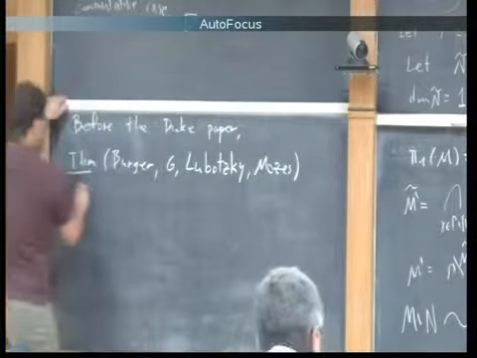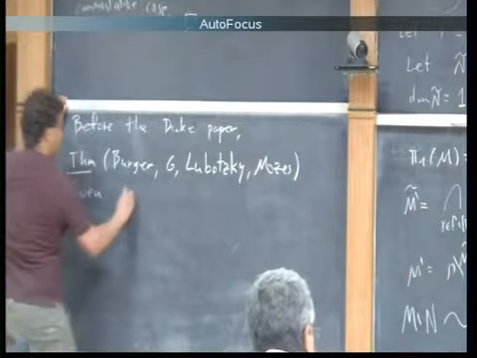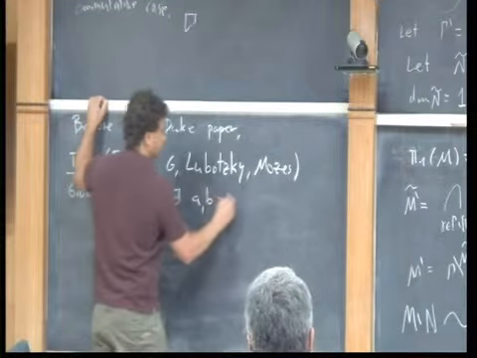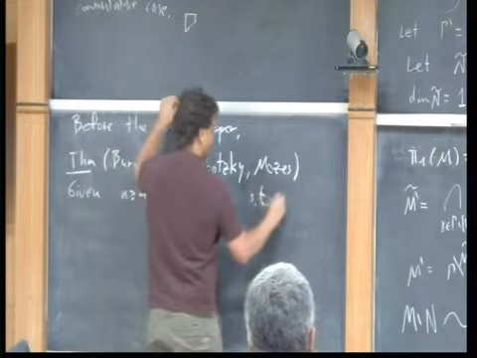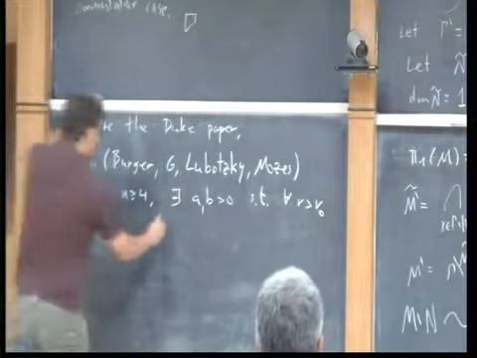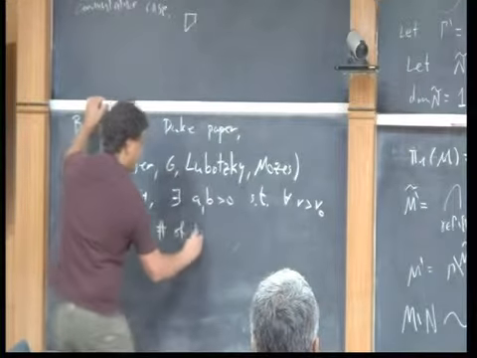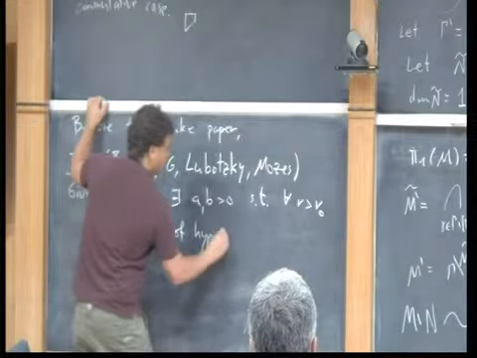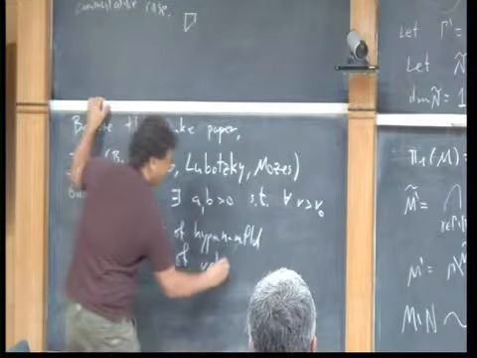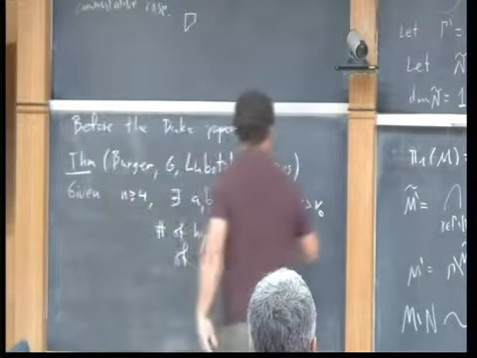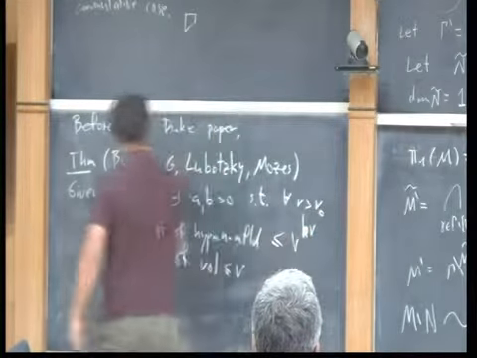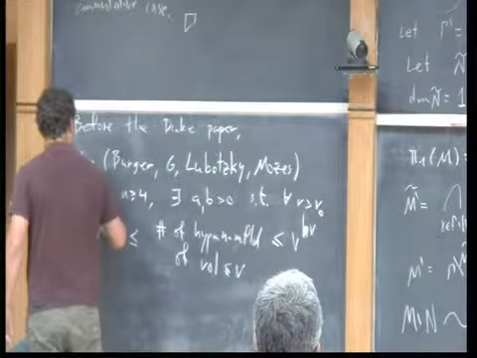We proved that given n, which is at least 4, there are constants A and B, such that for any V at least some number, the number of hyperbolic n-manifolds of volume at most V is bounded by V to the AV from above and by V to the BV from below.